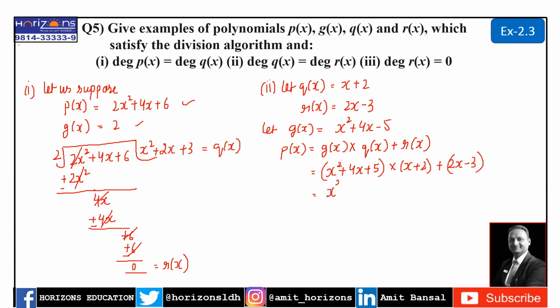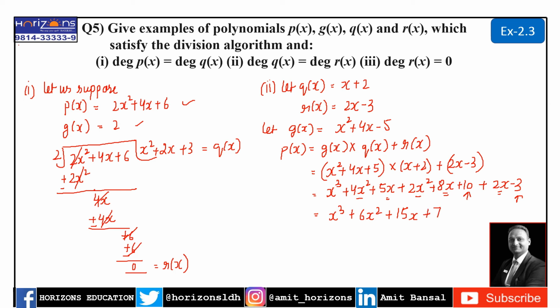So multiplying it, we get x cube plus 4x square plus 5x plus 2x square plus 8x plus 10 plus 2x minus 3. Right friends? So x cube plus 4x square plus 2x square is 6x square. 5x plus 8x plus 2x will be 15x, and 10 minus 3 would be plus 7.